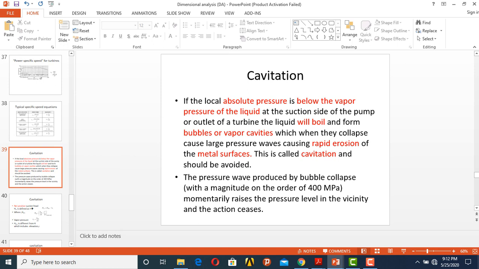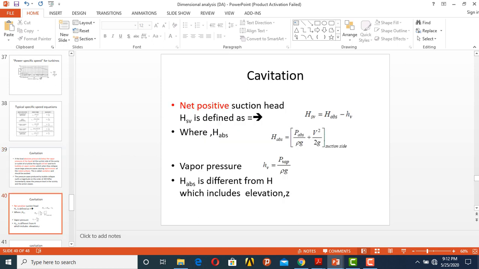That's why you see the pits on the blade or on the pipe side, you see that pitting erosion taking place because of those high velocity jets coming from the collapsing bubbles.